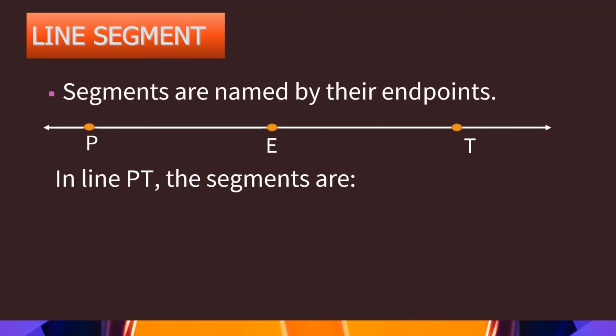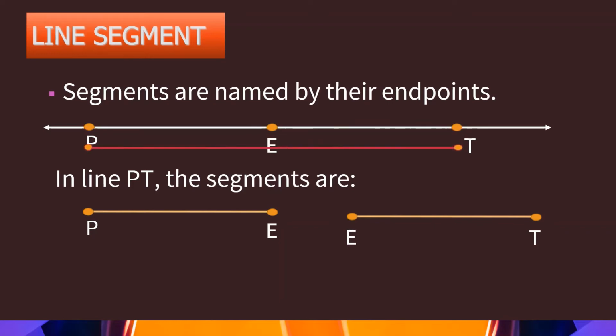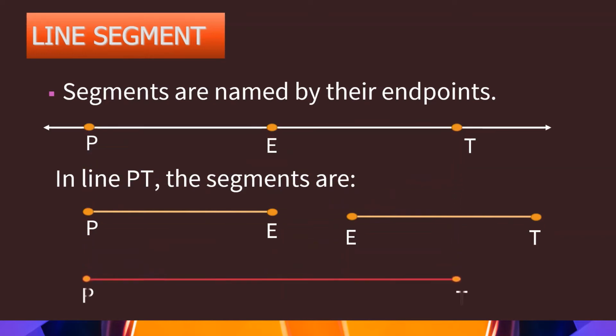So let's say we have line PT, the segments are segment PE, segment ET, and segment PT. Remember that these segments are part of line PT.